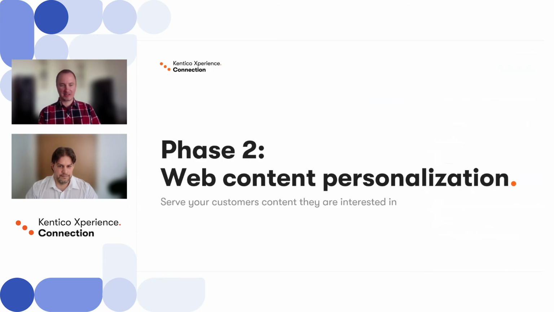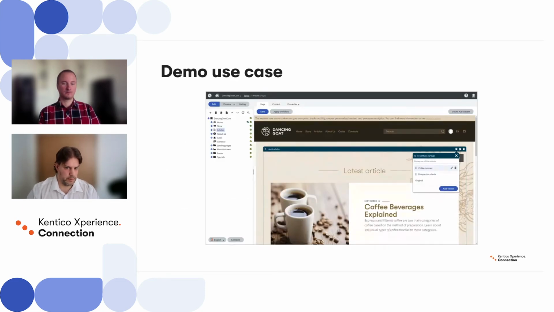And we are reaching phase 2 and finally getting to some final features. We are starting with web content personalization. In a short demo, I'll show you how it works. If it's implemented on the website, marketers can quickly leverage the data and the information they have collected about their visitors.